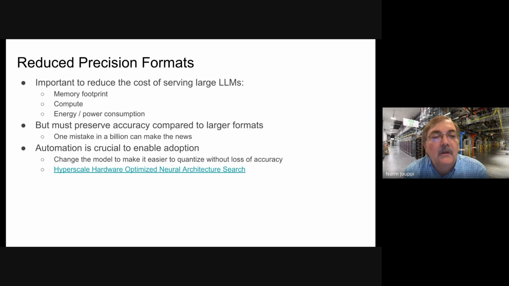At Google, when we make a mistake, a 1 in a billion mistake, it can end up on the news as, you know, haha, Google said something that wasn't true. So for us, accuracy is very important, and we've been a little less hurried to jump into the lowest precision formats like 4 bits than some of our competitors.